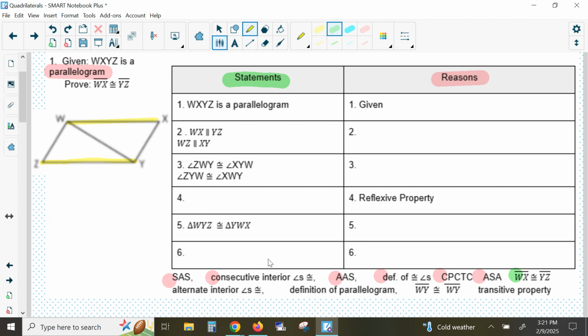So this is something that could go in this column. Alternate interior angles are congruent. That shows up on the pink sheet. Definition of parallelogram, all the definitions show up on the pink sheet. This right here is specific about this picture. This does not show up on the pink sheet. So that could be a statement. Transitive property is definitely on the pink sheet.